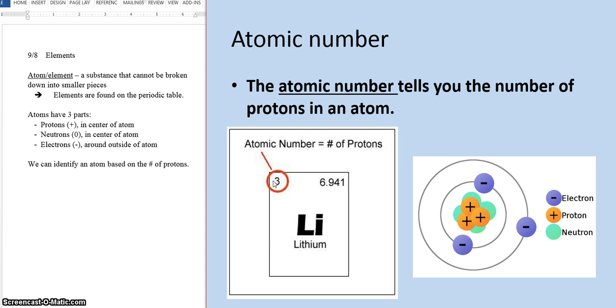There is a special number on the periodic table that is called the atomic number. The atomic number tells you the number of protons in an atom.